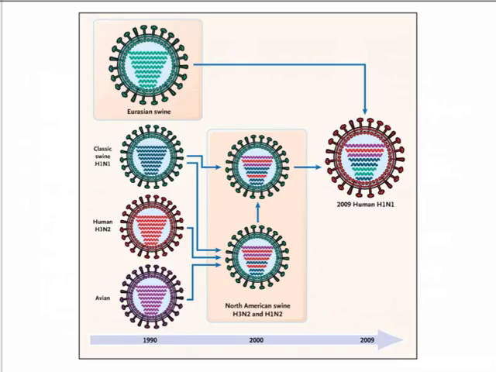So there are lineages of pigs, and they have specific influenza viruses in them. The classic swine H1N1, that's the one that stayed in pigs from 1918. A human H3N2, which emerged in 1968, and an avian virus. And these formed an intermediate reassortment, which eventually gave rise to the 2009 strain. You can see it derives RNAs from all these different viruses. You can just look at the colors and tell that.